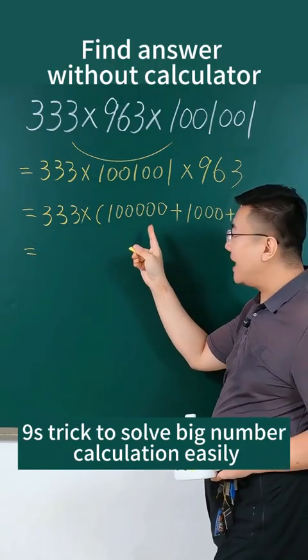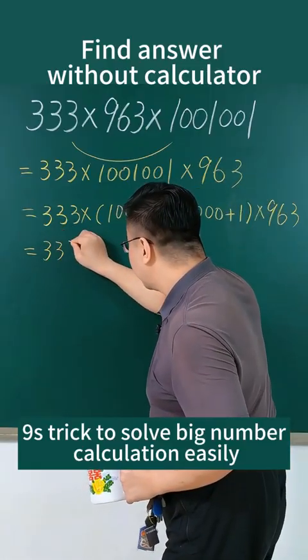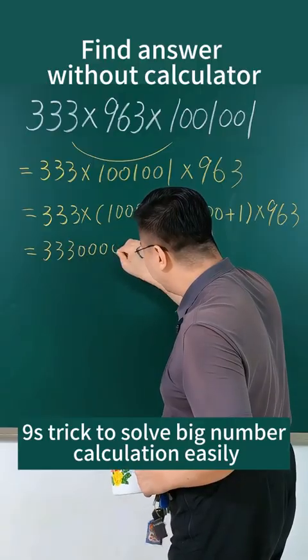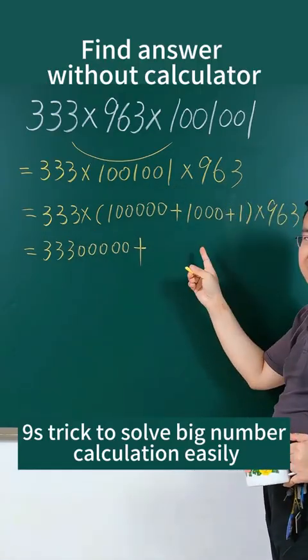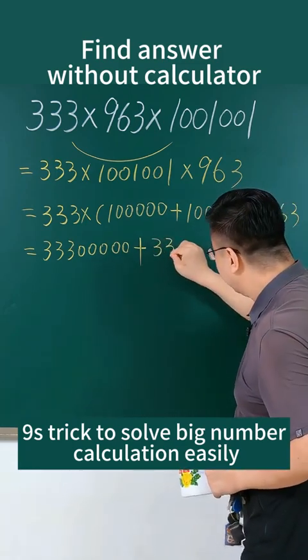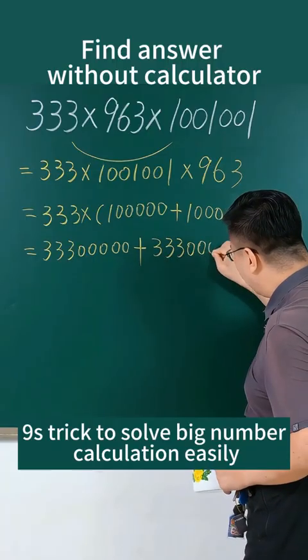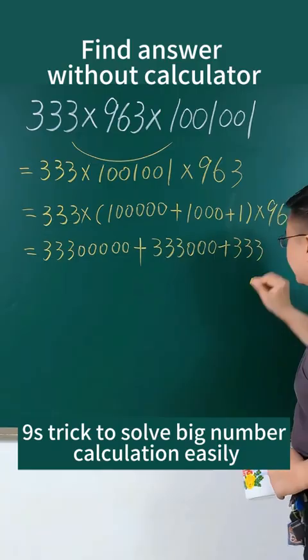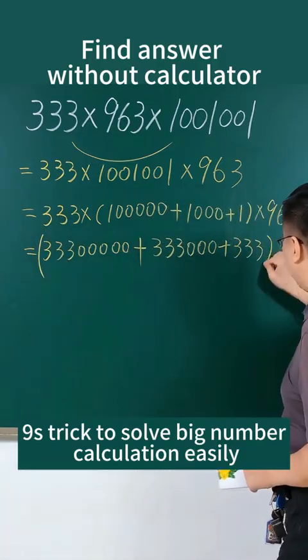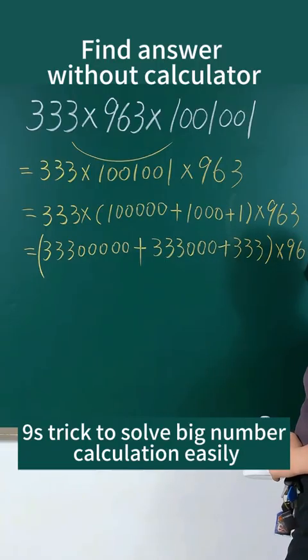First, multiply 333 by the part with 6 zeros. That's just 333 followed by 6 zeros. Then, add 333 multiplied by the part with 3 zeros, which is 333 followed by 3 zeros. Finally, add another 333, then multiply the whole sum by 963.